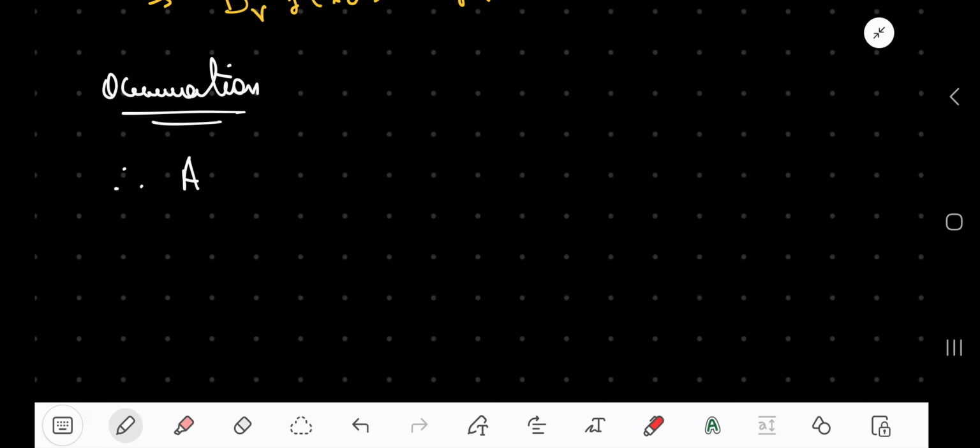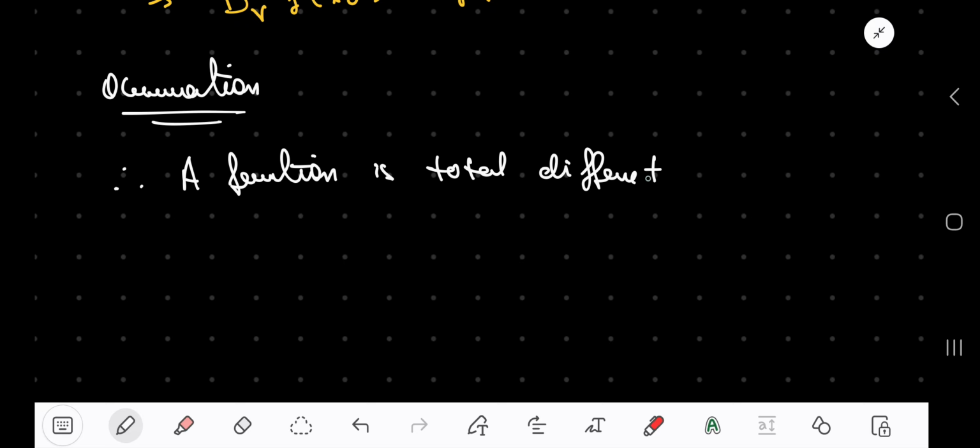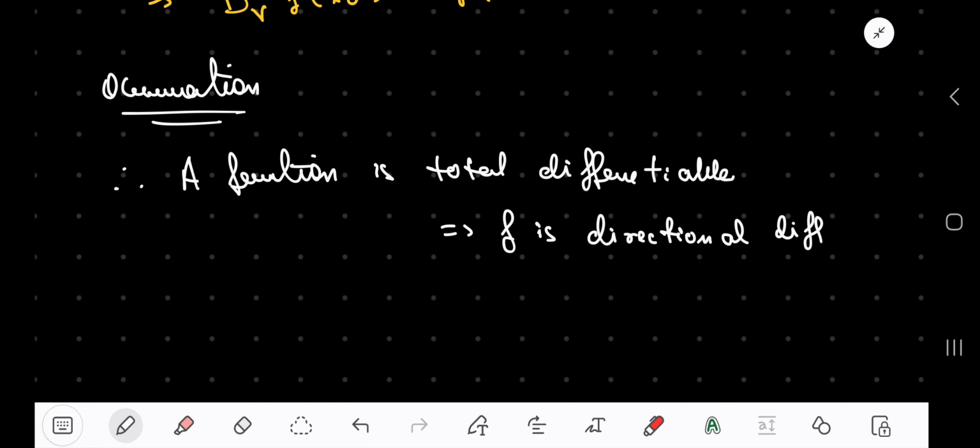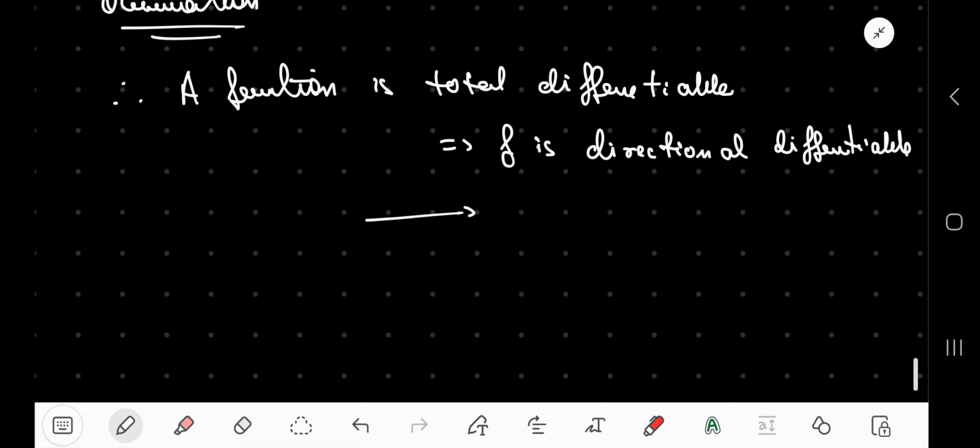Therefore, if a function is totally differentiable, that is, its total derivative exists, it implies f is directionally differentiable in any arbitrary direction. Fine, but the converse need not be true.